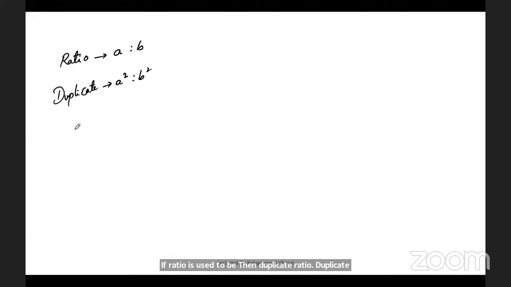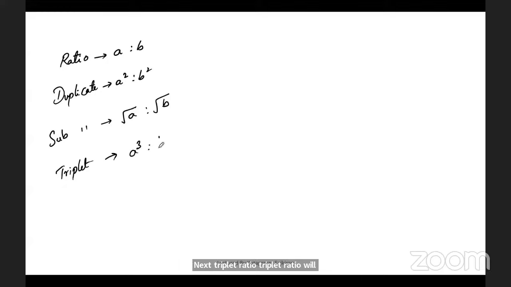You should just square and take the ratio. Subduplicate ratio will be square root of A is to square root of B. Triplicate ratio will be A cube, B cube. Then subtriplicate will be cube root of A is to cube root of B.